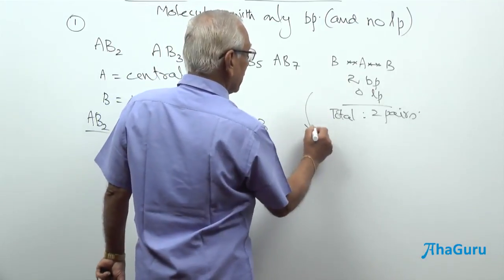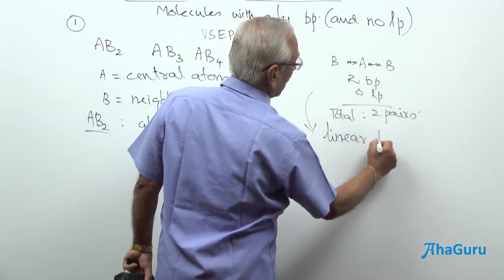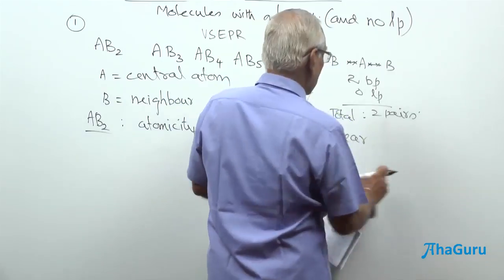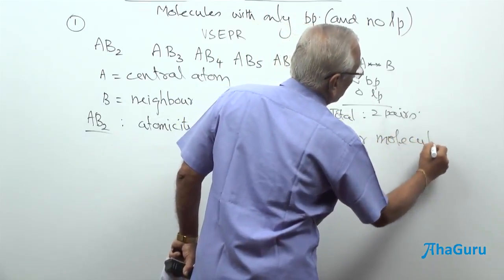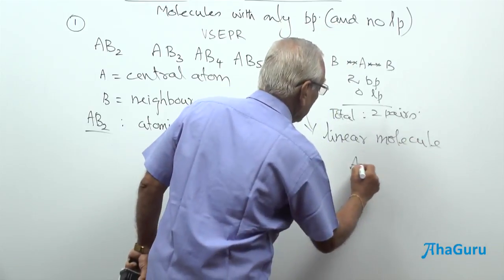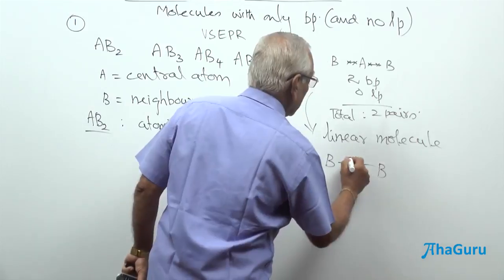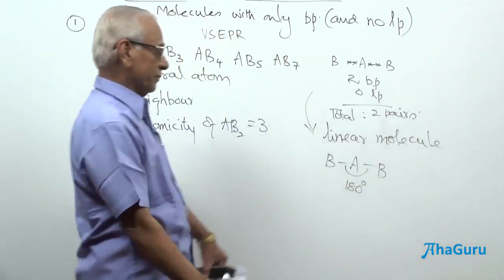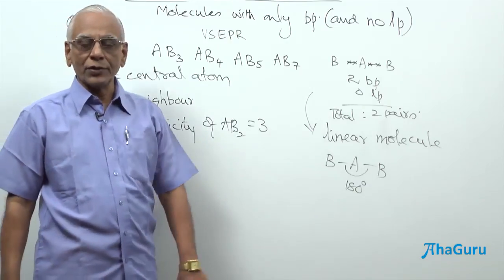Therefore, it must be a linear molecule. Now, the bond angle around the central atom definitely should be 180 degrees. This is called a linear molecule.